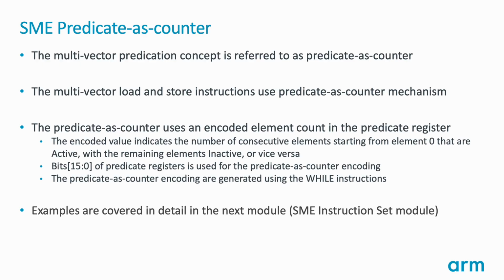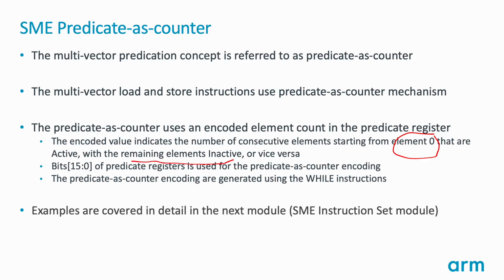However, in SME, we are using a different mechanism called predicate as counter, in which we use an encoded value in the predicate register. What this encoded value indicates is the count of the number of elements, starting from element 0 in a particular transaction, that are active, and after that many elements, we can consider the remaining elements as inactive.